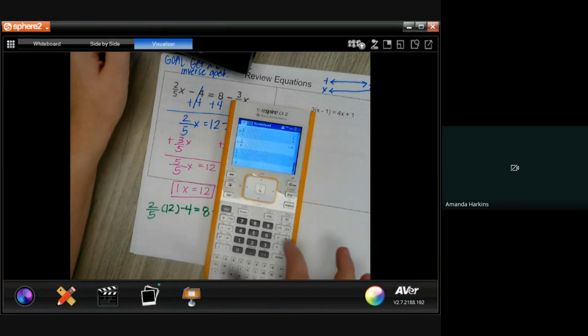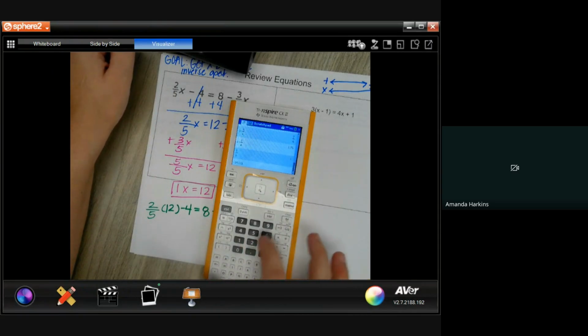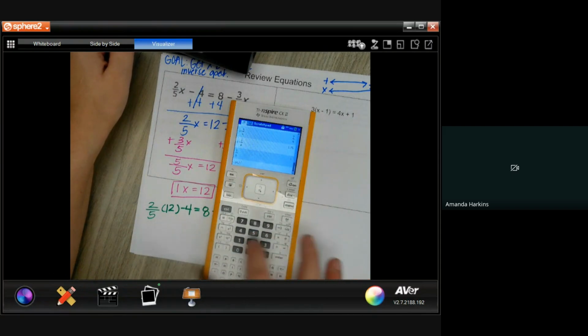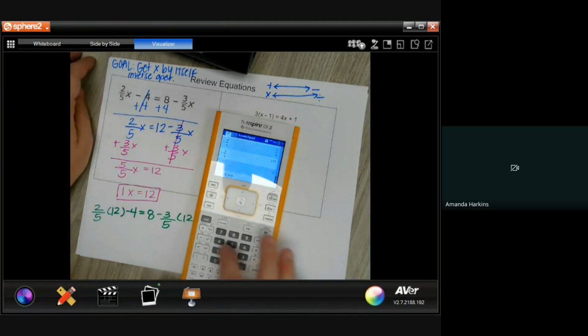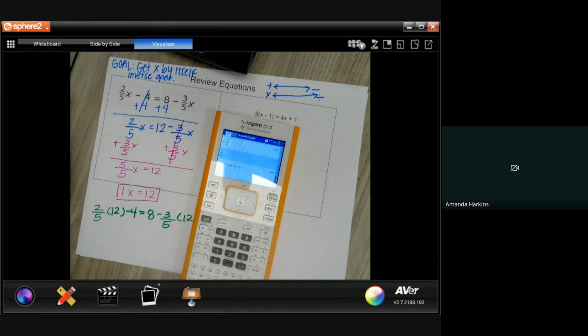So 2/5 of 12, minus 4, equals 8 minus 3/5 times 12. That's true, so I did this correctly.